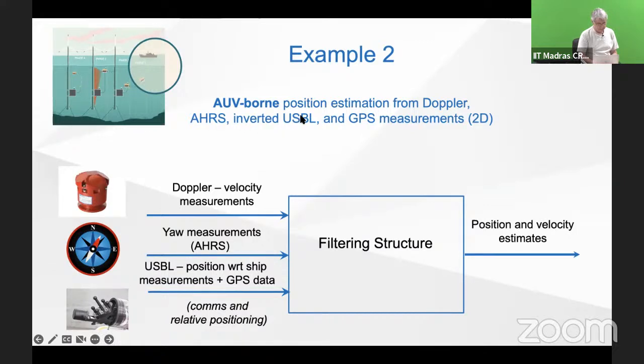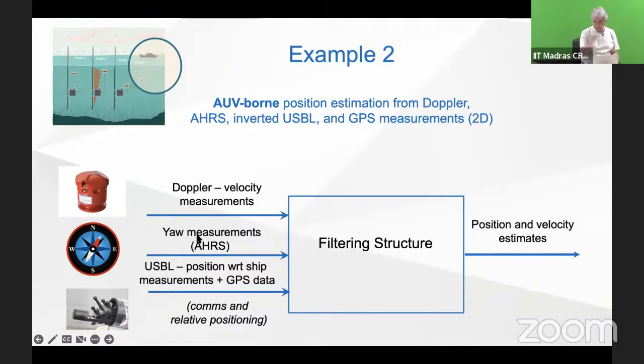This is AUV borne. So in fact, the ultrashort baseline is not on top, it's at the bottom on the AUV. So it's what people call the inverted ultrashort baseline. So if you imagine yourself riding this AUV, you can measure your velocity with respect to whatever current or the seabed.